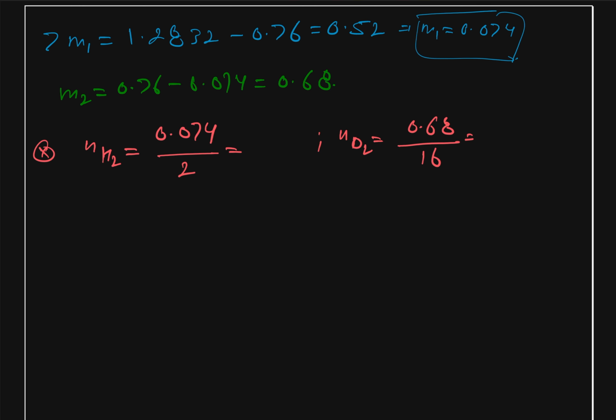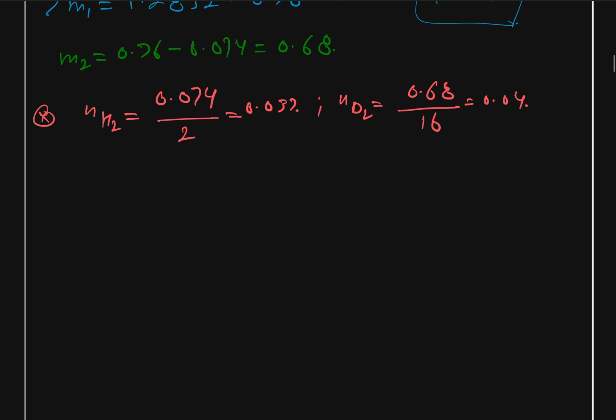So this comes as 0.04 and 0.074 divided by 2. This will be 0.037. And we have to find out the ratio.